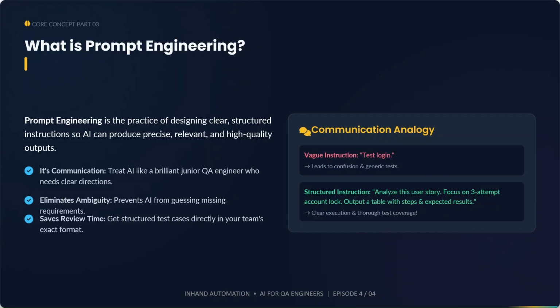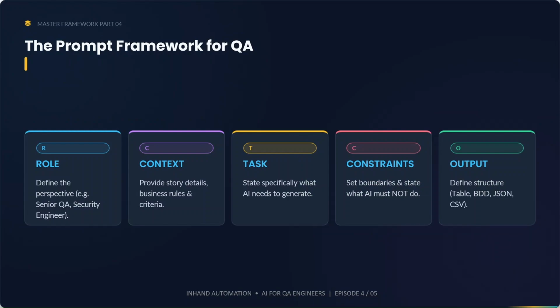The same principle applies when communicating with generative AI. So let's help Rahul to improve his bad prompting. To improve that bad prompting, instead of memorizing the different prompting techniques, I want you guys to just remember a simple structure which says RCTCO.